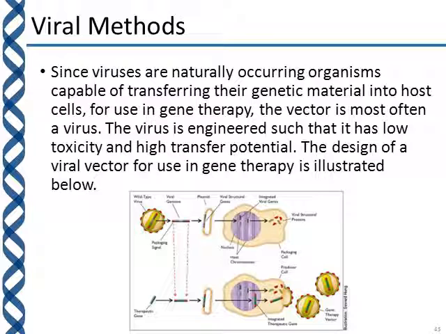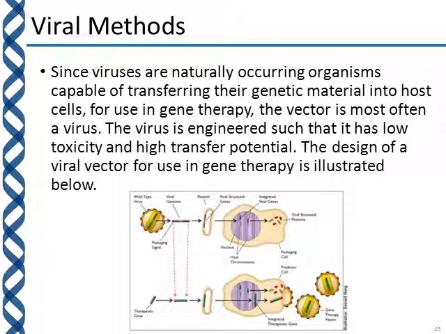The design of a viral vector for use in gene therapy is illustrated below. Here we show the wild-type virus with its viral genome, and we place into this plasmid the viral structural genes. This is integrated into the viral genes and the viral structural proteins.